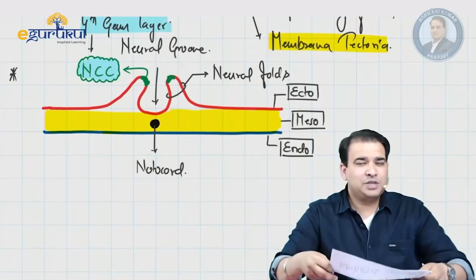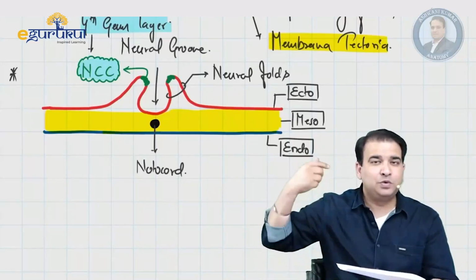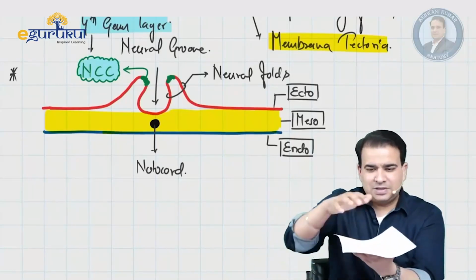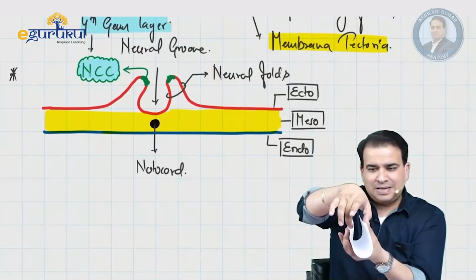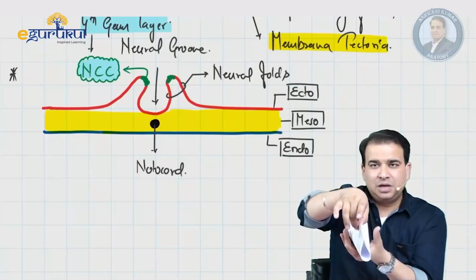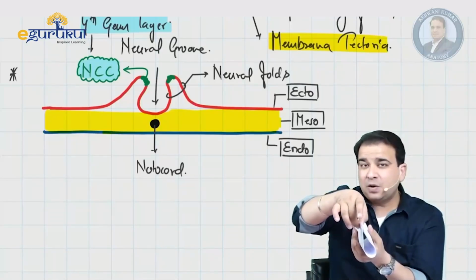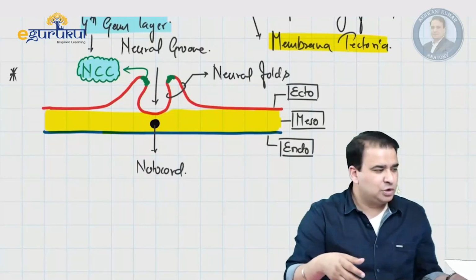So that again is a question: where exactly does the fusion of the neural tube begin? Imagine this is the neural tube, and the fusion actually begins at the cervical region. Not cranial, not caudal, it is the cervical region where the fusion of the neural tube begins.